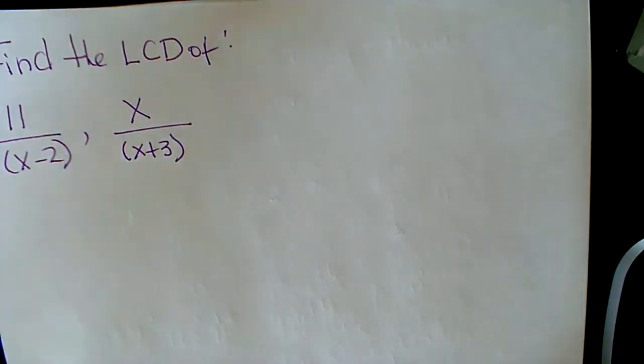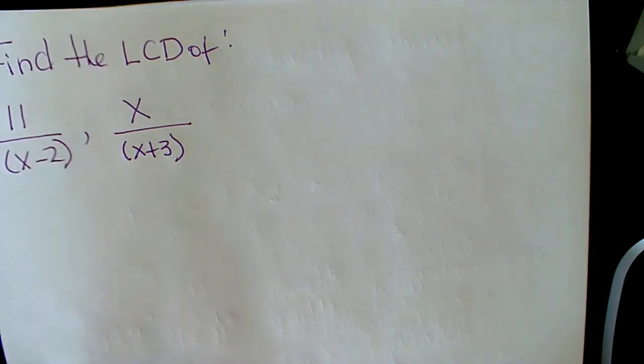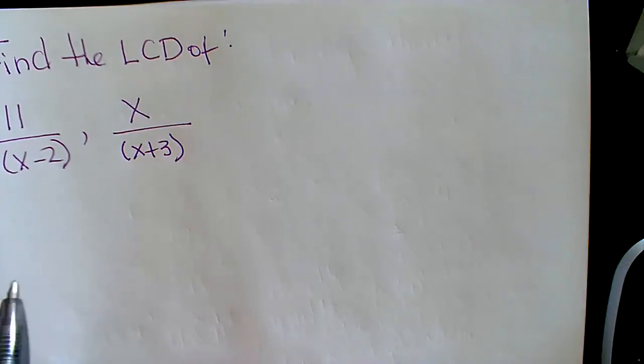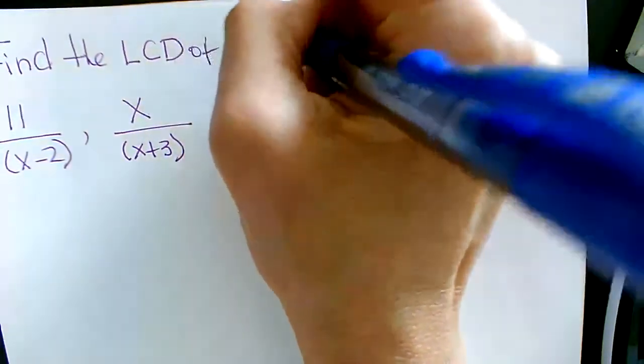All right, so now we have factors that look like binomials, and we're going to treat them exactly like we did the variables. Okay, so let me write this down.